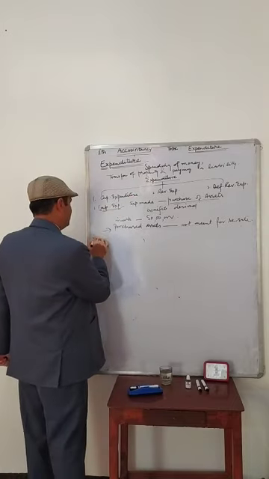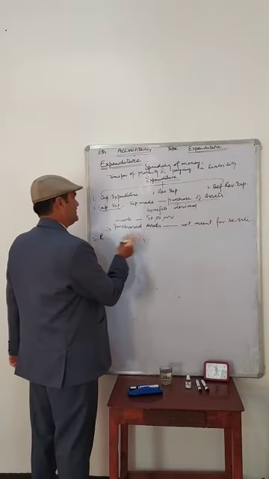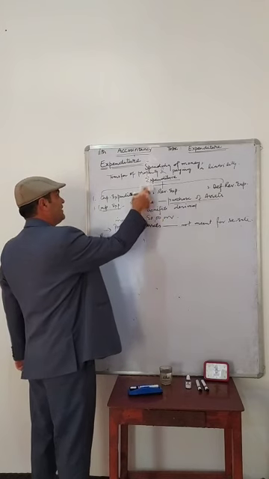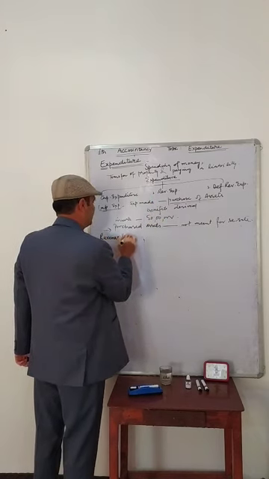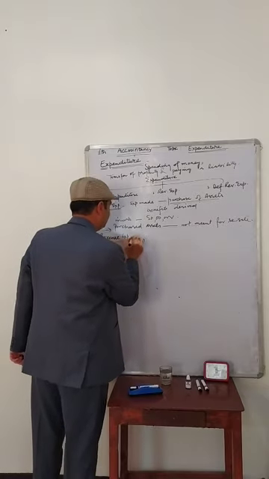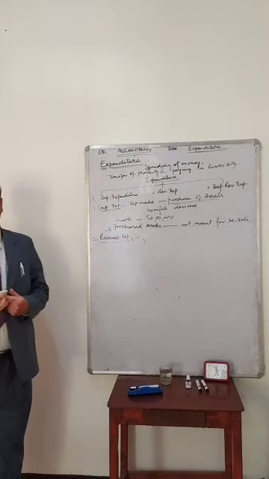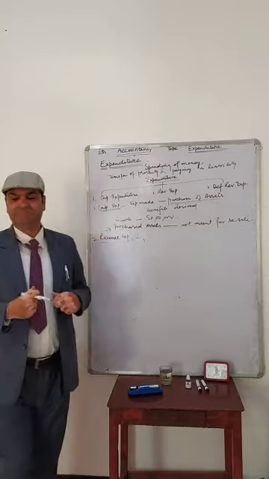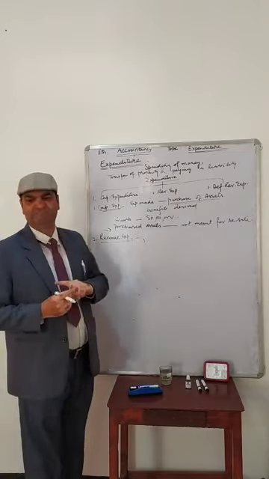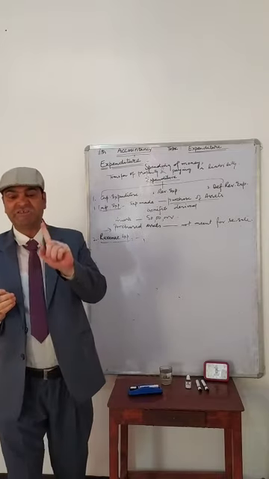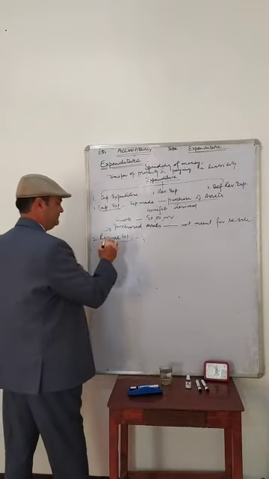Now, our next point is revenue expenditure, the second type of expenditure. Let's know, what is this revenue expenditure? It is a payment or expenditure made for the purchase of goods and services.